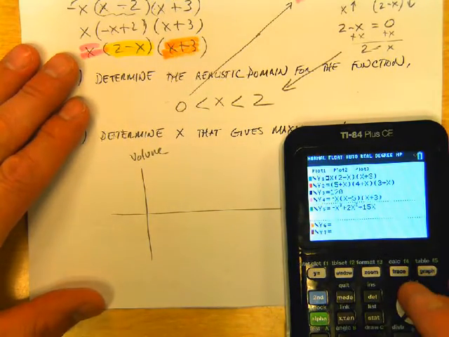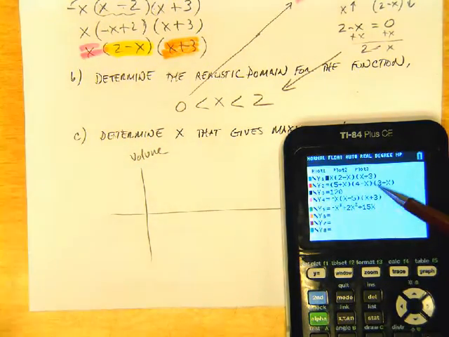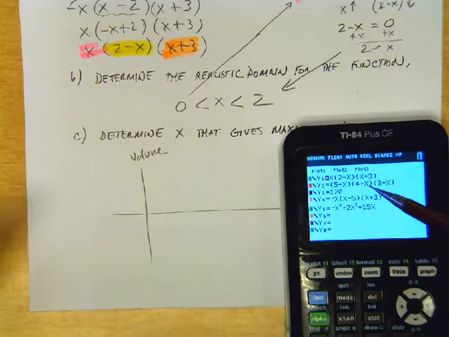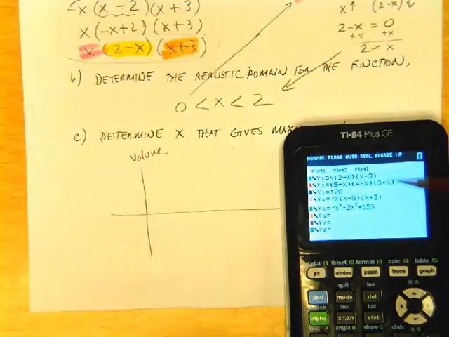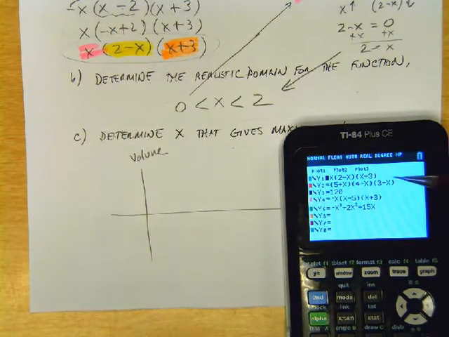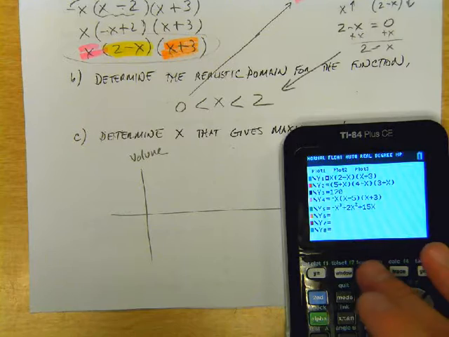I actually entered the factored form because it was closer. I graphed that. But you can graph either equation. And I did a zoom 6 to reset my window.